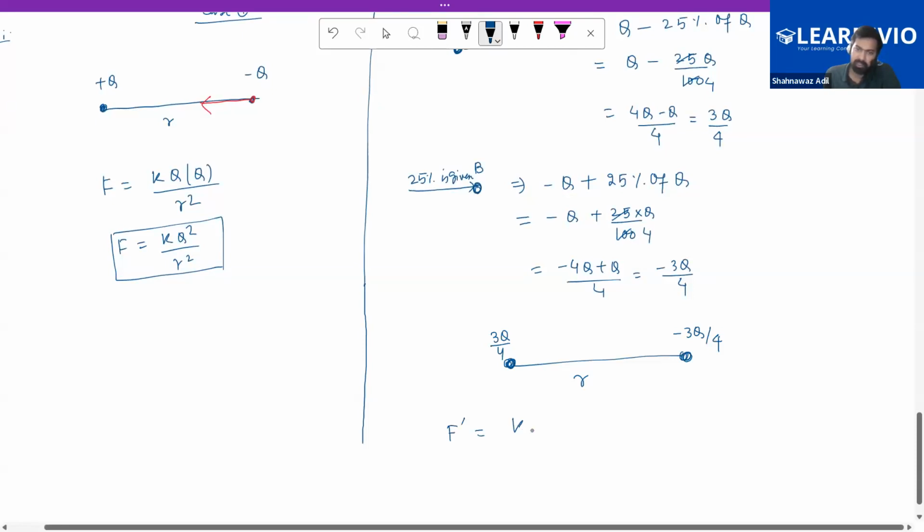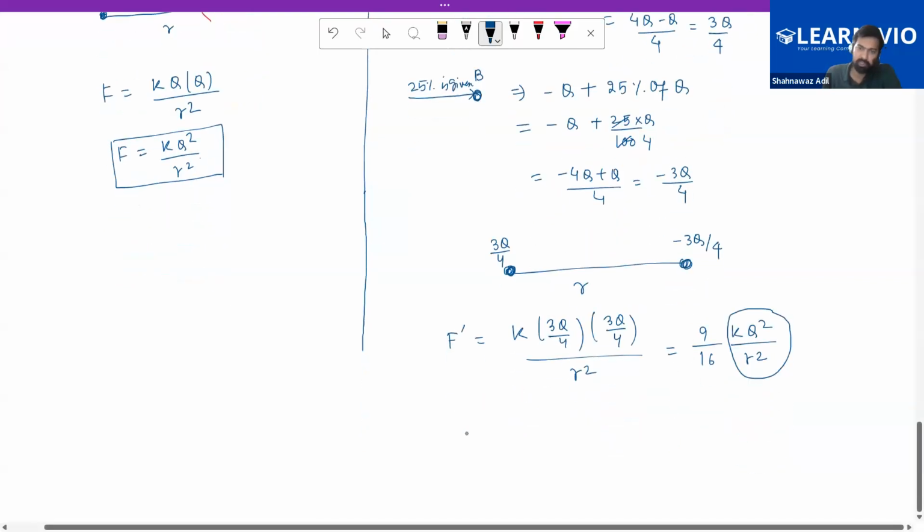This would be k, 3q by 4 times 3q by 4, divided by r square. So 3 threes are 9 by 16, and kq square by r square. What was this kq square by r square? This was the old force. So the new force would be 9 by 16 F.